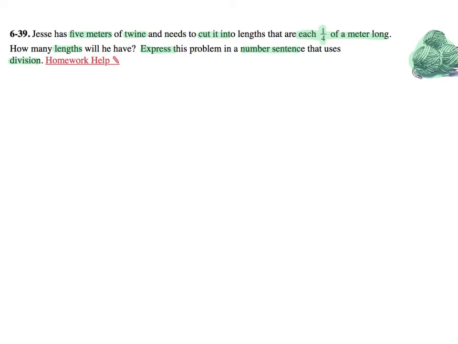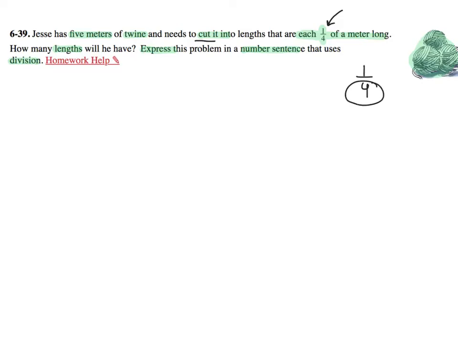So let's start by drawing the situation. Graph paper will be easier, and it says cutting, so dividing equally into 1/4. So I want one whole to be divided into 4 equal pieces.